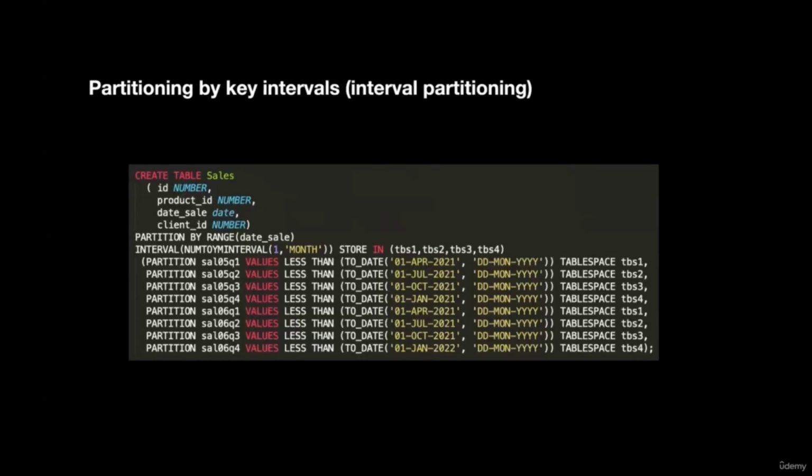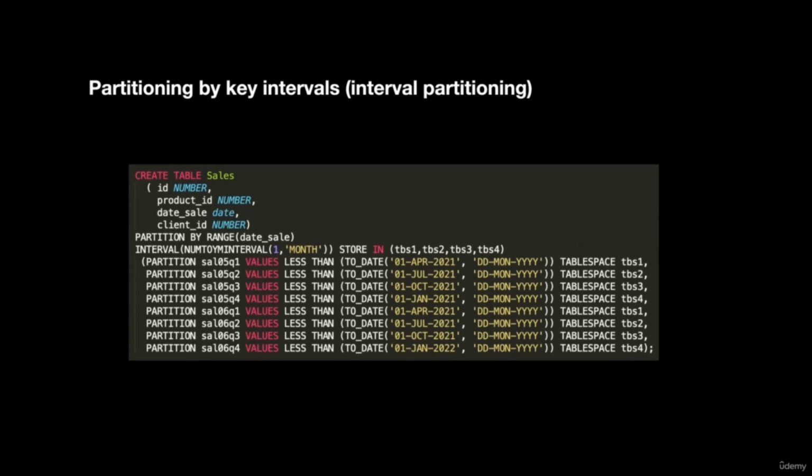Partitioning by key intervals, or interval partitioning. It is very similar to key range partitioning, but with the difference that the database itself can create new partitions as data arrives. With traditional key range partitioning, the database administrator must pre-create partitions to hold each possible data value both now and in the future.